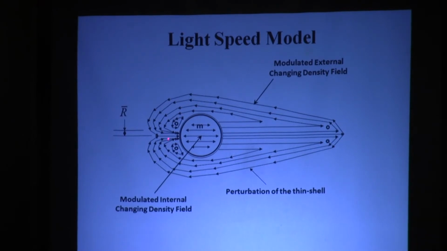Basically, if you're going the speed of light, you can assume that the density field is fluidic, so you would end up with circular motion around the back end of it. And if you've got these field lines circling the matter, then you can assume that this is exotic matter.